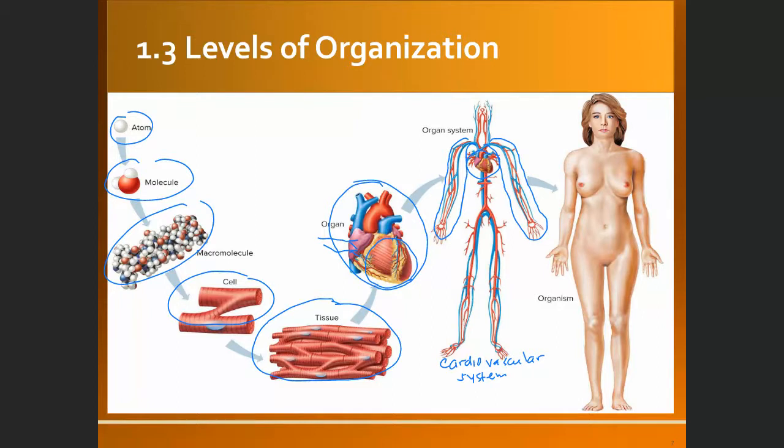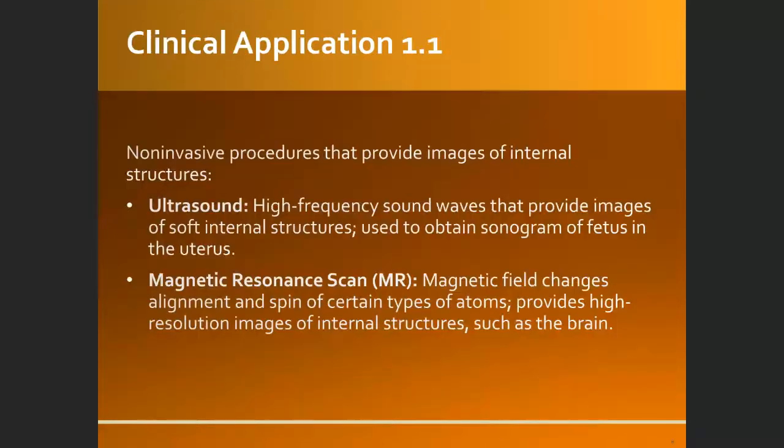So only two organs make this cardiovascular system. And then there are the 11 organ systems. They all combine and organize to make an organism. An individual human is an organism. So this is the level of organization.